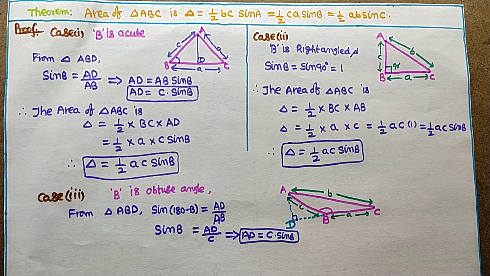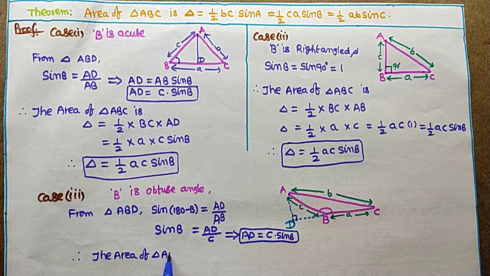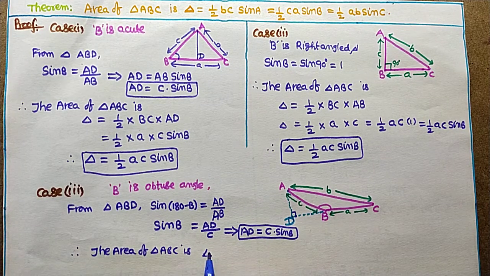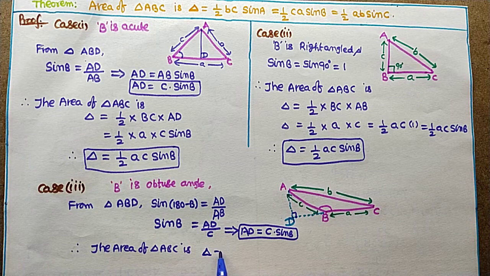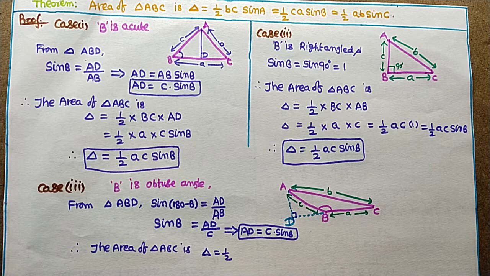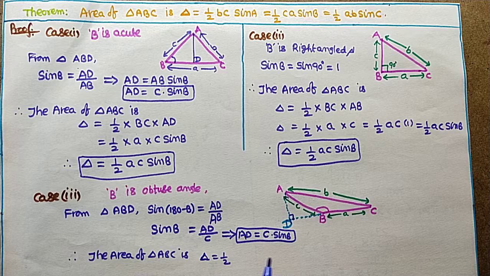After getting the value of AD, now the area of triangle ABC is delta equal to half into base into height.